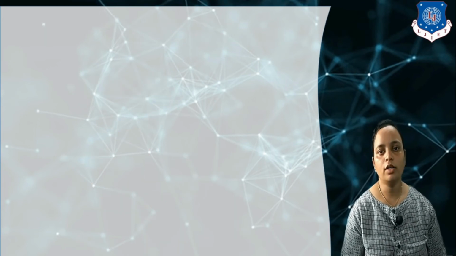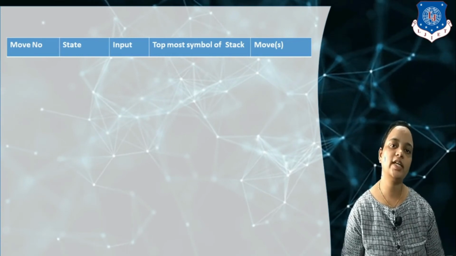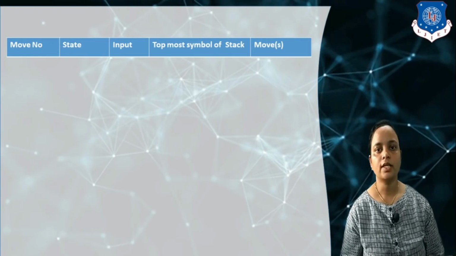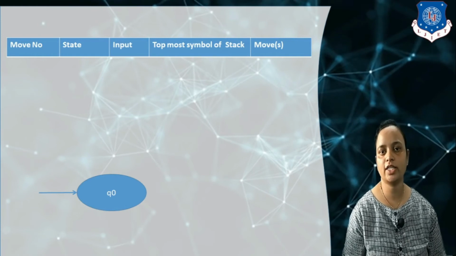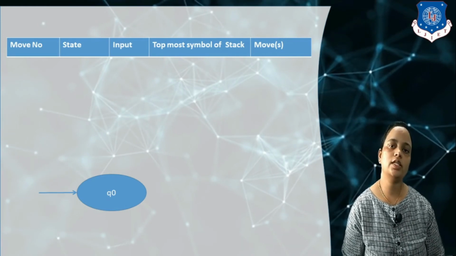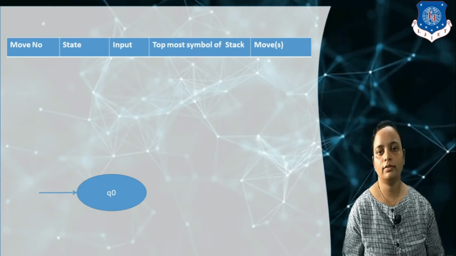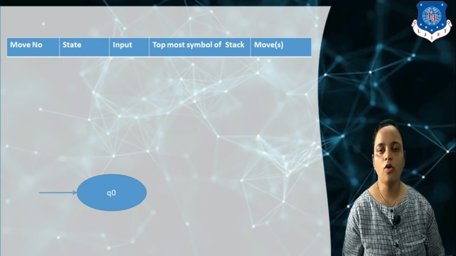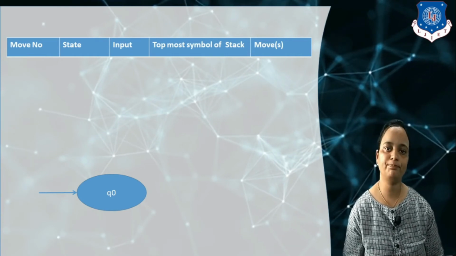Now let's move on to how we can construct the transition table. As we know, the transition table contains five things: move number, state, input, top of the stack, and moves. The initial state is q0. Now the next question arises: how can we mention how many states are used in this example?